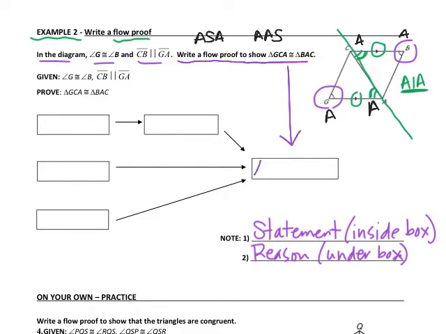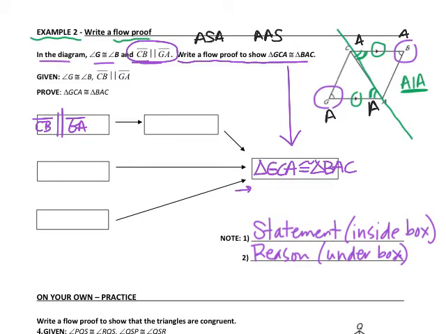So whatever you're trying to prove is going to go in the last box on your flow proof. Alright, let's go ahead and put that in. And we will have to put a reason underneath here in just a moment, but let's go ahead and put in what we were given. So this information we were given, CB is parallel to side GA, and because of that, we now can write in the angles that we found congruent.